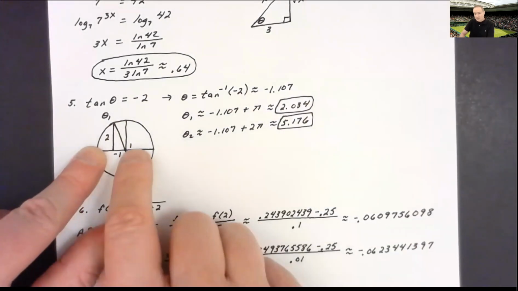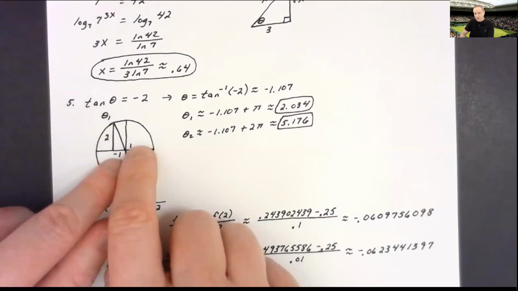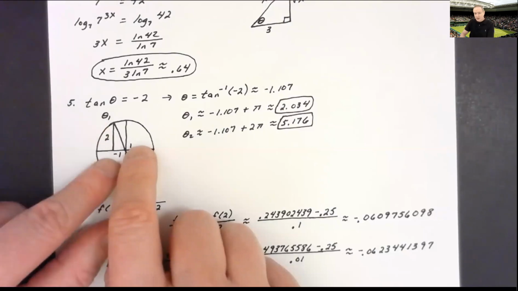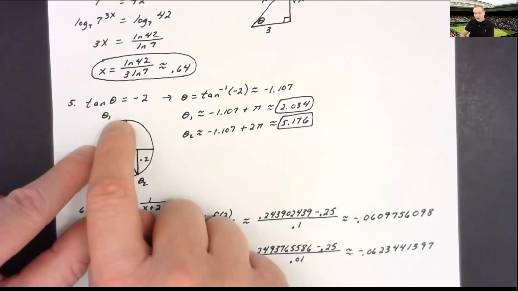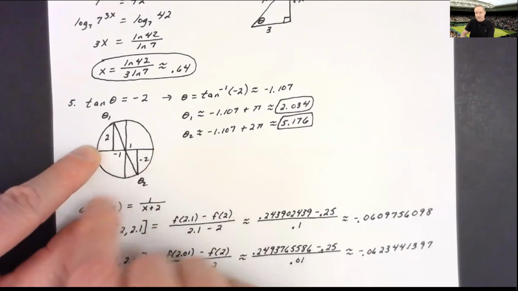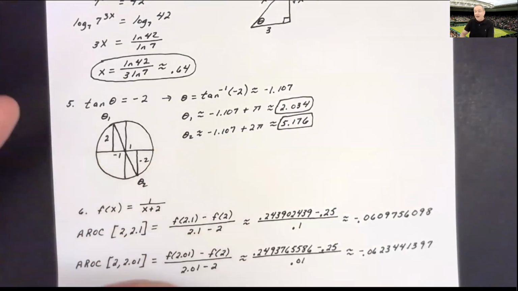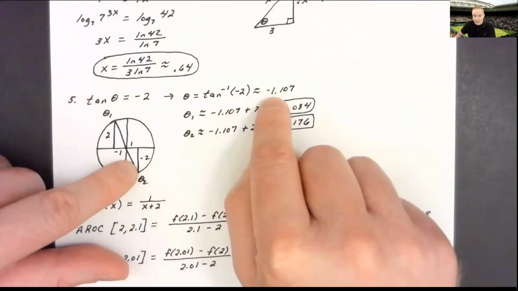It's also in quadrant 2 because the tangent is the ratio of opposite over adjacent, so I could move to the left 1 unit and move up twice that amount of units. And again, I'm at an angle at which the tangent should be -2. Okay, how do I find those angles? Well, what we're supposed to know is the angle the calculator gave me was this one.